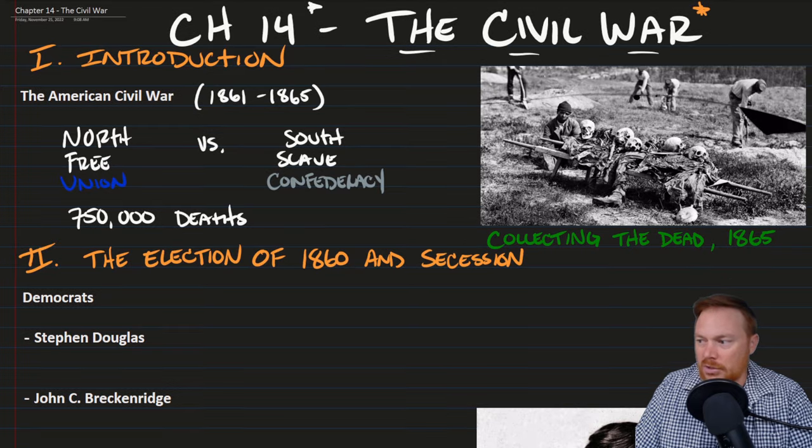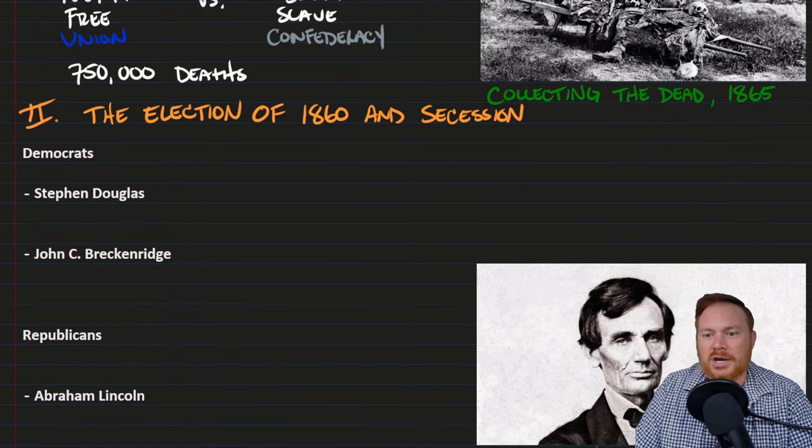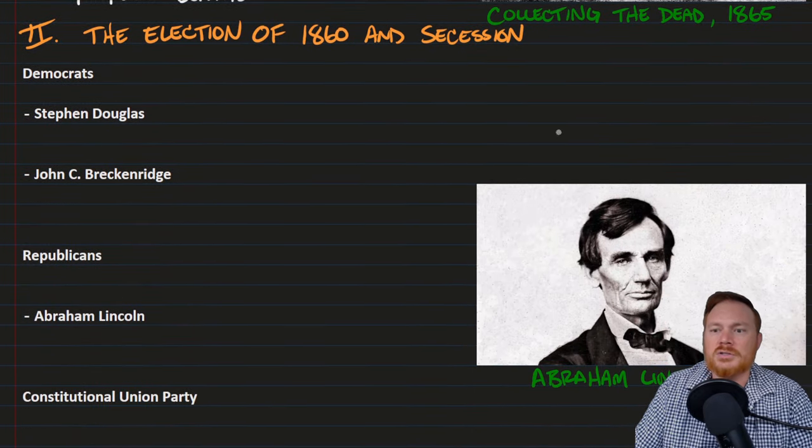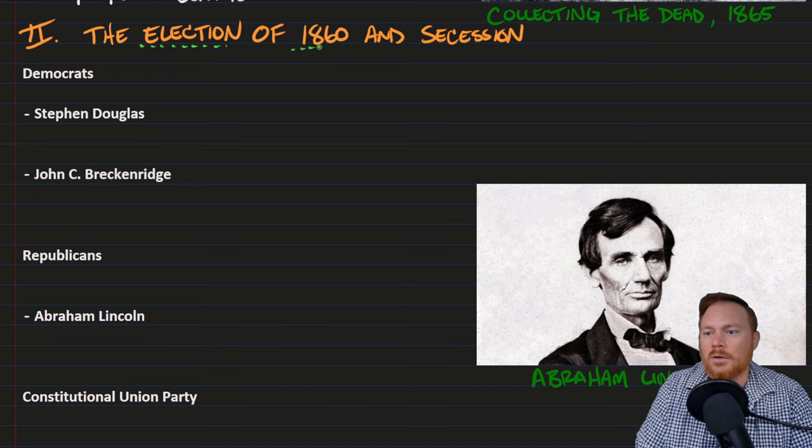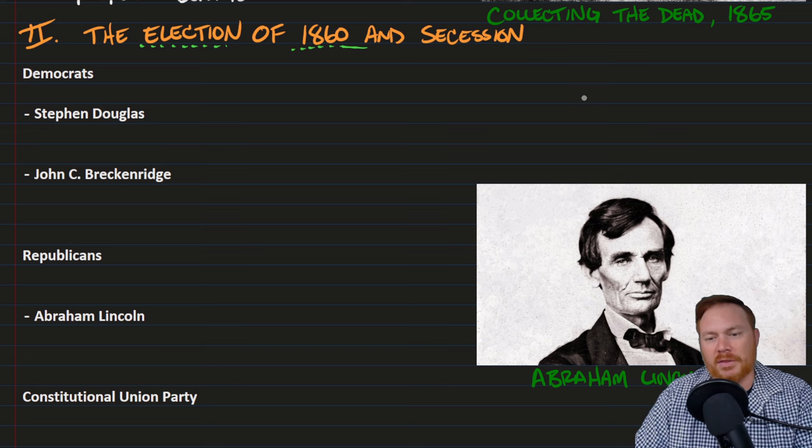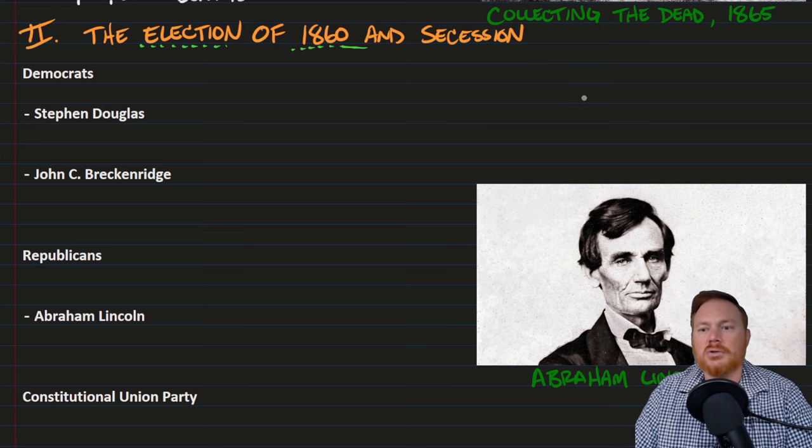Now, this chapter is going to pick up where the last chapter left off, and that was with the election of 1860. At the very end of chapter 13, there's a little bit about this presidential election, and there's a little bit about it here.